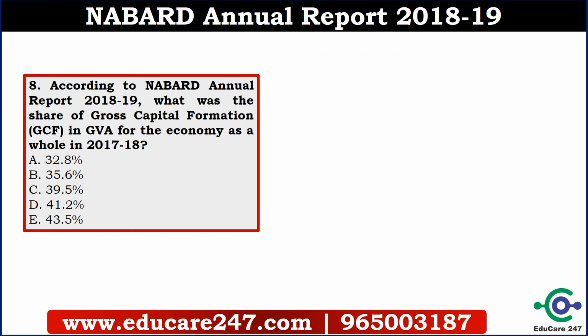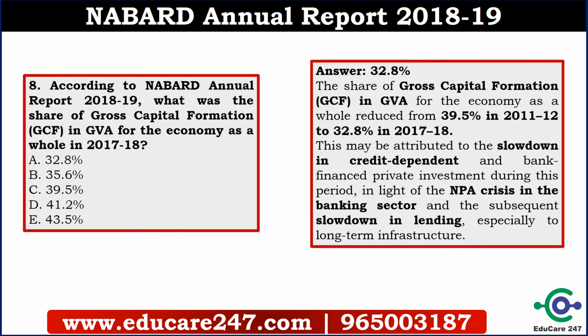The next question is, according to NABARD Annual Report 2018-19, what was the share of gross capital formation in GVA for the economy as a whole in the year 2017-18? The answer is 32.8%. The share of gross capital formation in GVA for the economy as a whole reduced from 39.5% in 2011-12 to 32.8% in 2017-18.